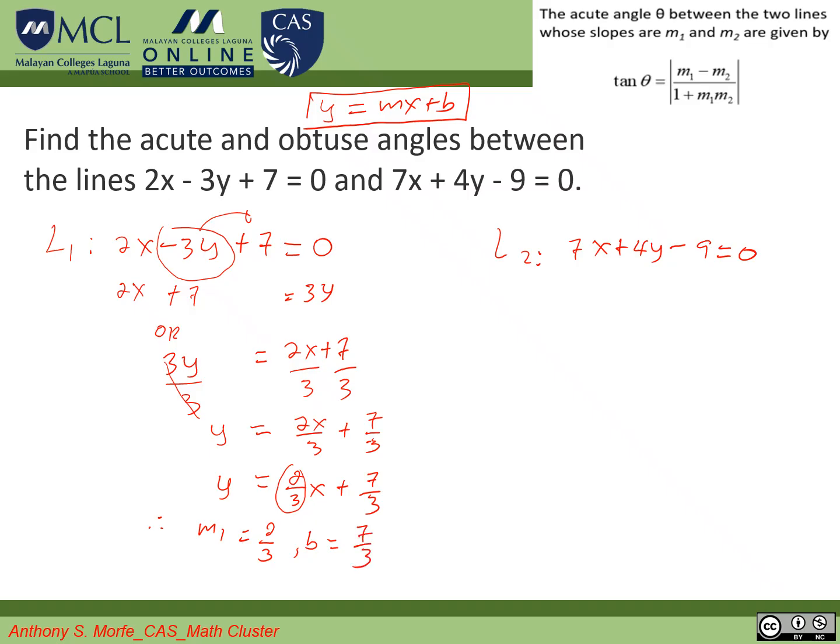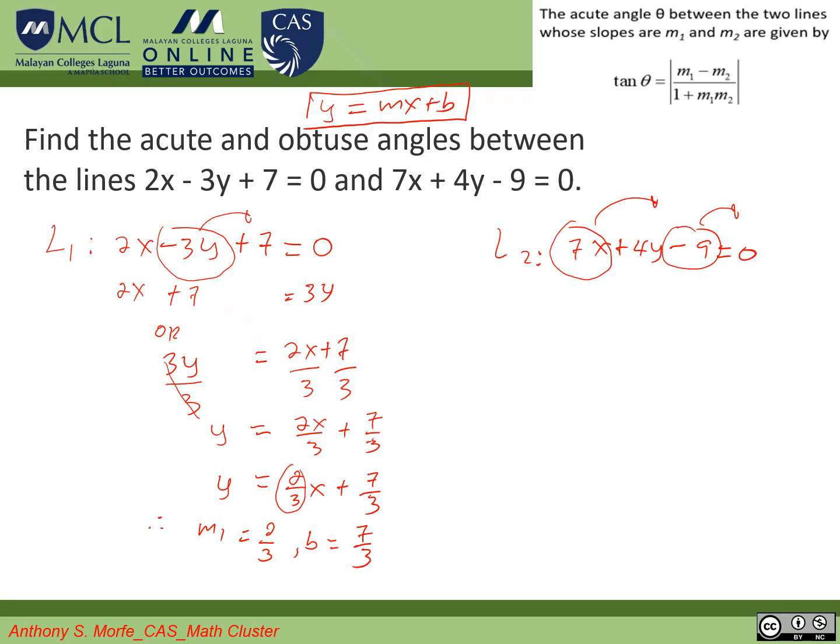Okay, so our line 2, we can transform also. In this case, let's transpose this to the other side. You might ask, why is it that x is moved to the other side? Here we move 3y to the other side, not x, just to make y positive. If I move the other one, this remains negative, but it's okay, whichever. Normally, whatever variable you want to solve, put it on the left side.